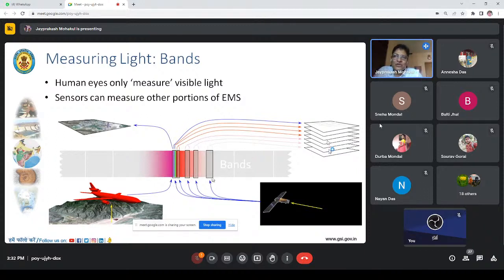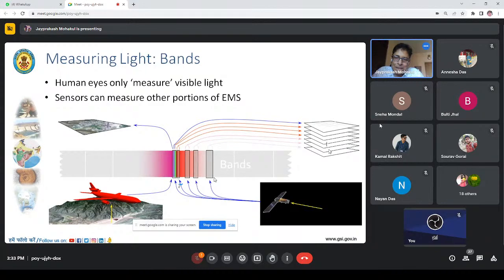All of you know how a color image is made. All of you see a color image, no? Yes, sir. How a color image is made in your system?